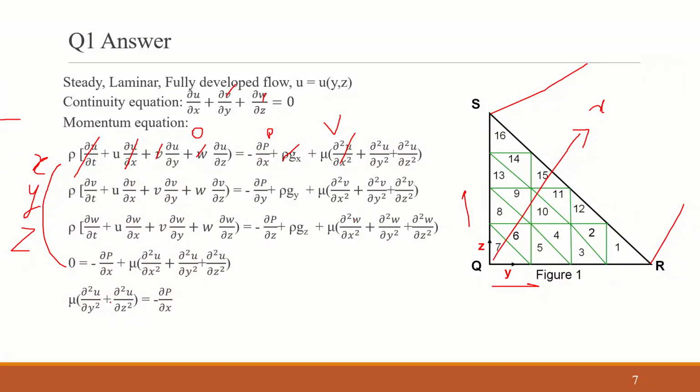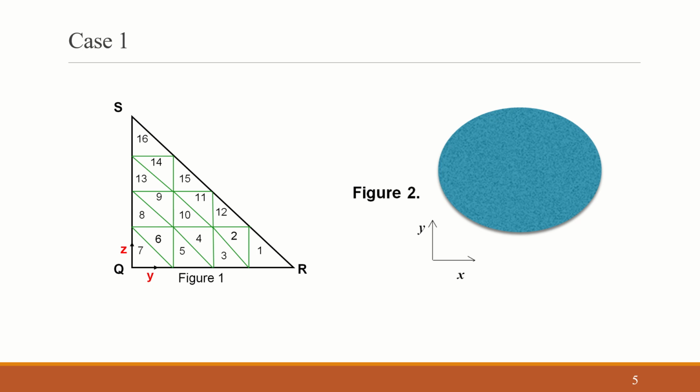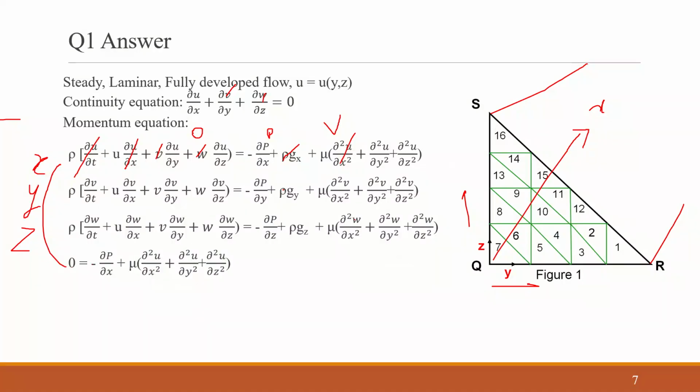So mu into ∂²U/∂Y² plus ∂²U/∂Z² is equal to minus ∂P/∂X. That is how we are obtaining the equation: mu into ∂²U/∂Y² plus ∂²U/∂Z² equal to minus ∂P/∂X.